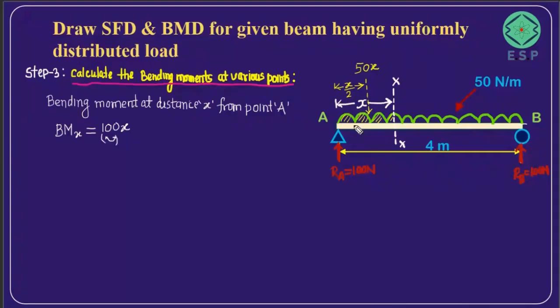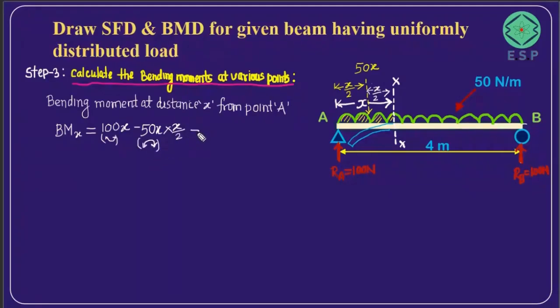So this particular load, which is due to the uniformly distributed load, will cause the hogging of the beam like this. Okay, this is going to be negative. So 50x into this distance, which is again x by 2. This is also x by 2, friends. 50 into x, that is force, into the distance from here to here, which is again, friends, x by 2. The negative indicates your beam is bending like this, which is hogging.